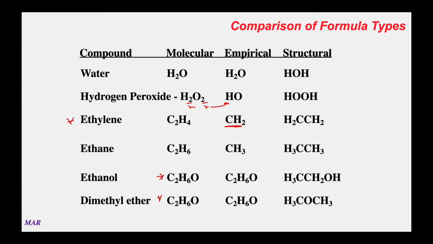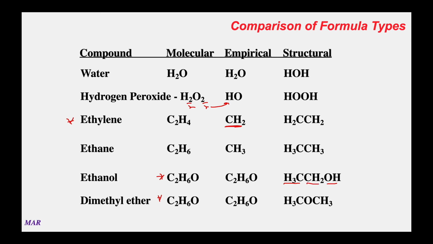They're both C2H6O. And because of the one oxygen, you can't make the one any smaller. The molecular and empirical formulas for those are going to be the same. But look at the structural formulas now. Ethanol has an H3C, and then it has a CH2 and an OH.